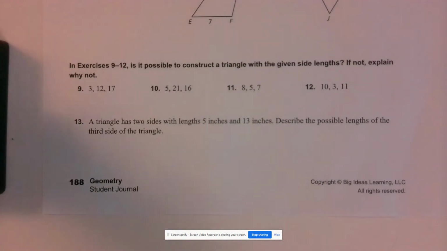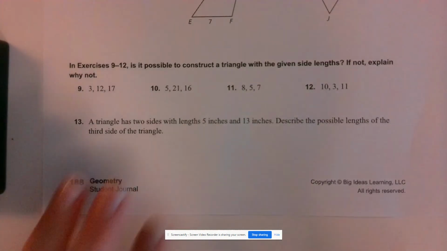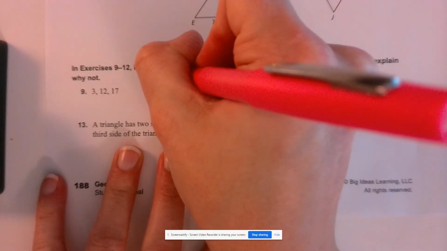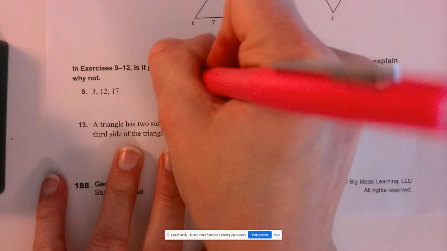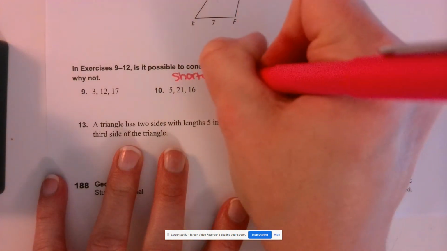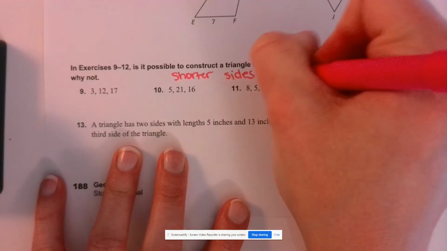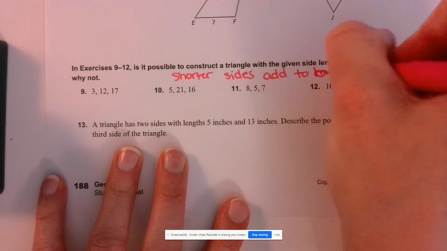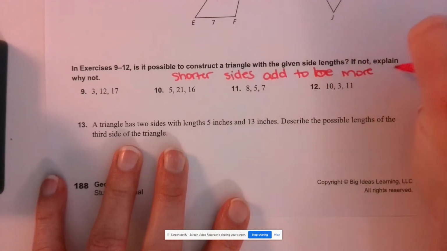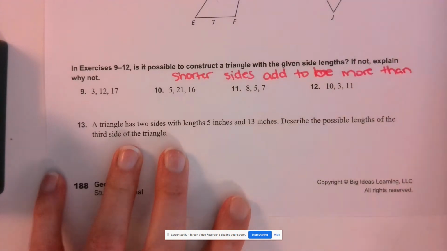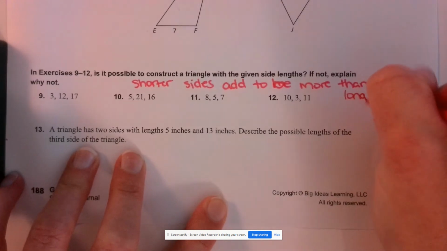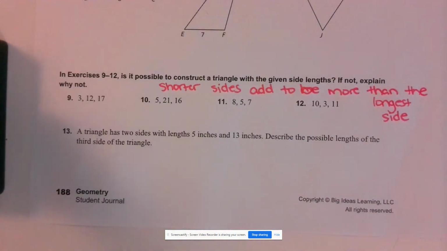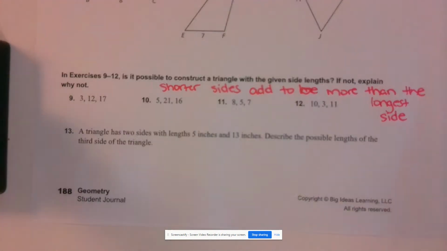So in all four of these problems, we want to know if the shorter two sides add to be more than the longest side. That's what we need to check.